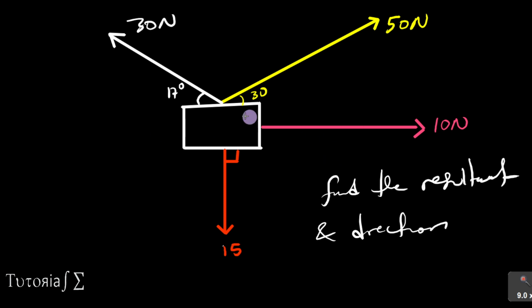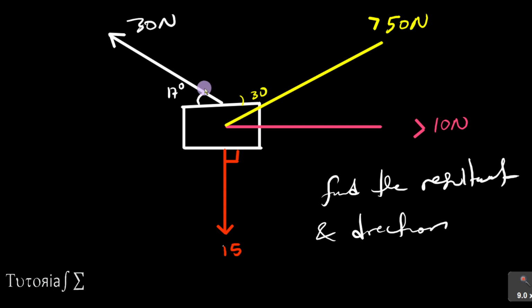So we have this object being pulled in different directions with respect to different forces. So now what we should do is we'll take this information on the x-y plane, and basically we'll take the angles as they are. So I can just join them like that, and basically the angles will be the same.